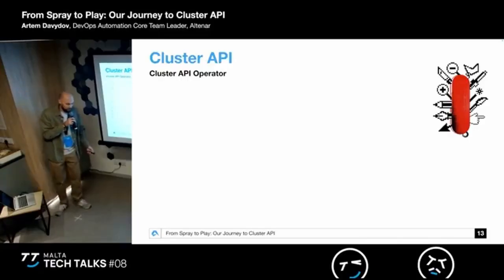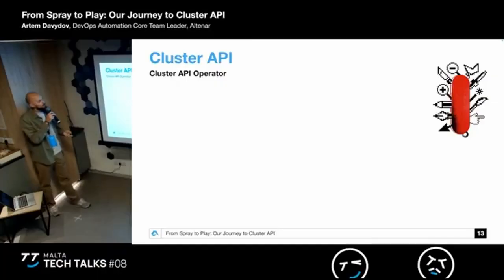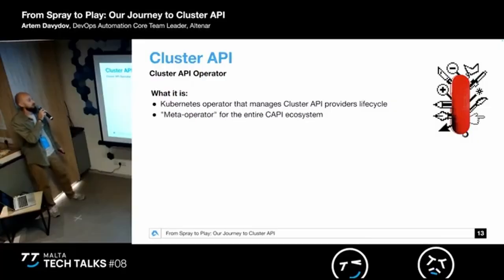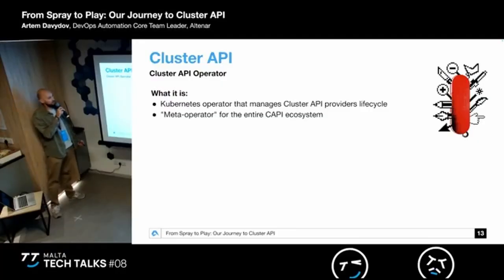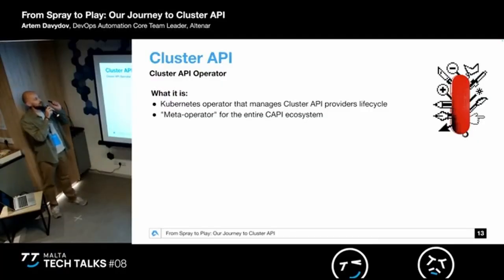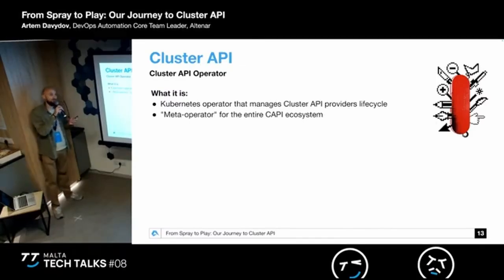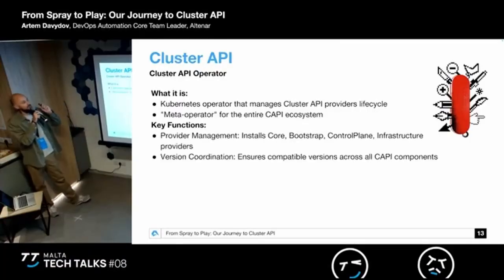So we have chosen the images, we created them. Now we need to find how we will install the Cluster API in our management cluster. Then we found the Cluster API Operator. What is it? Cluster API Operator is another application, another service which manages Cluster API providers, those that I showed on previous slides.